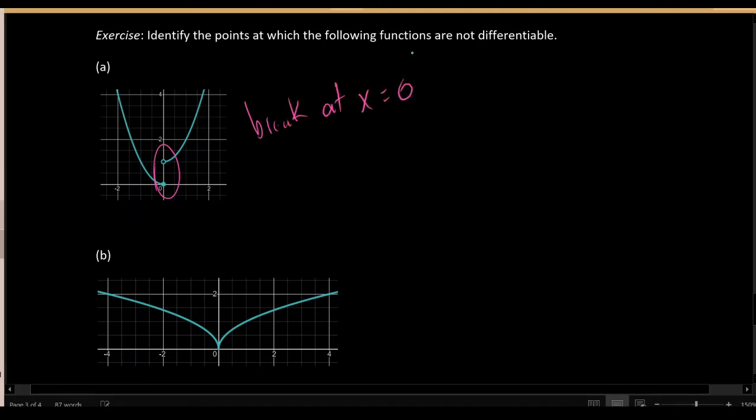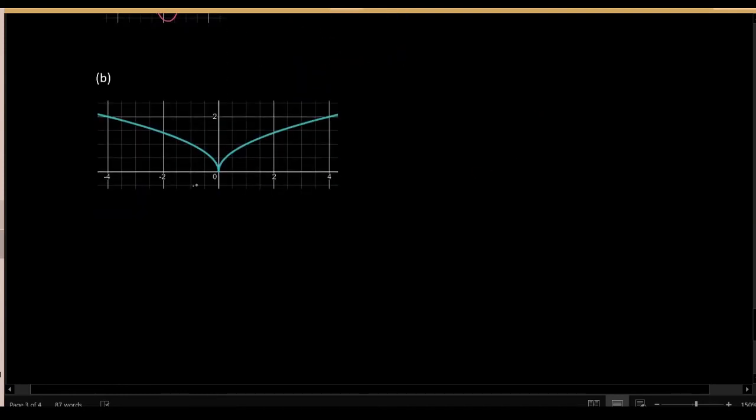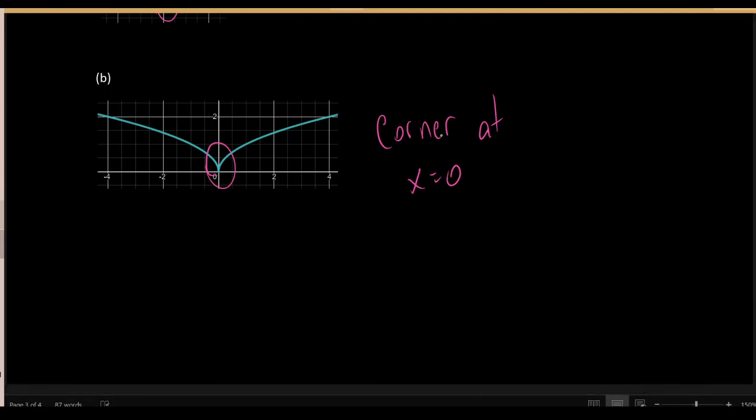So the function's derivative would not be defined there. And the problem with B is that at x equals 0, there's a corner. At a location where the graph is a corner, there's no such thing as a tangent line to the graph at that point. And so in this situation, we would also have an undefined tangent line and an undefined derivative.